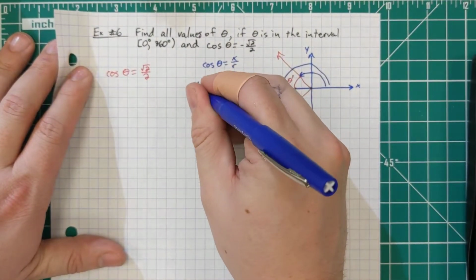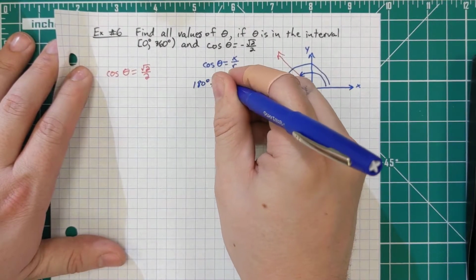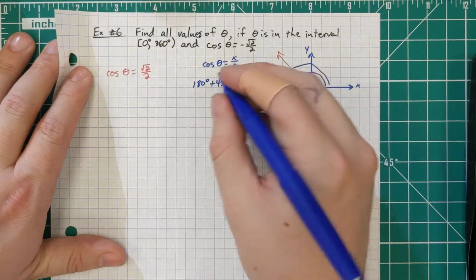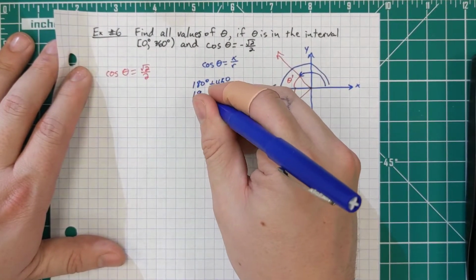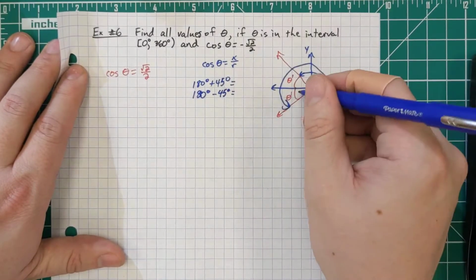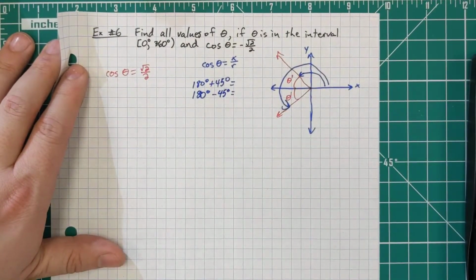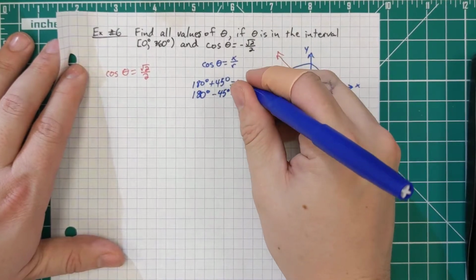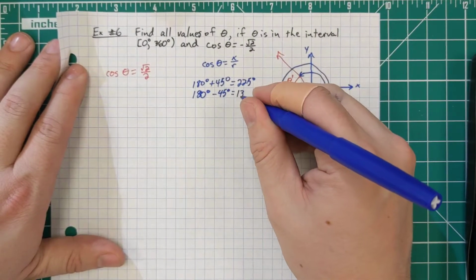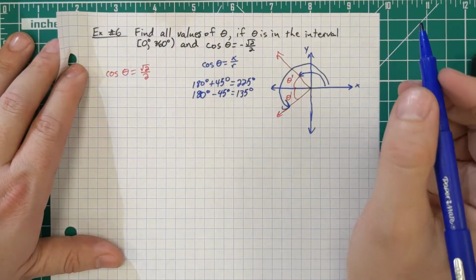We have 180 plus 45 degrees, which gives us this one. And then 180 degrees minus 45 degrees, which gives us this one. So plus 45, 225 degrees, minus 45, 135 degrees.